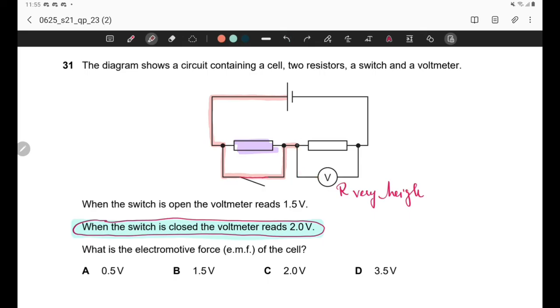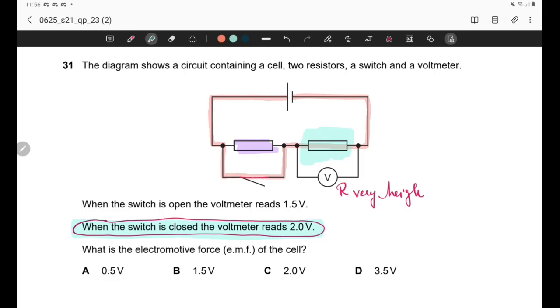So all the current will pass through this single resistance and go to the negative side of the cell. So this is the path of the electric current when the switch is closed. Now by looking at the circuit, we can clearly understand there is only one resistor in the path of current here, and that is this resistor where we have kept the voltmeter.